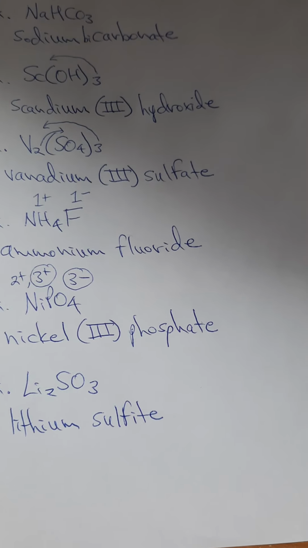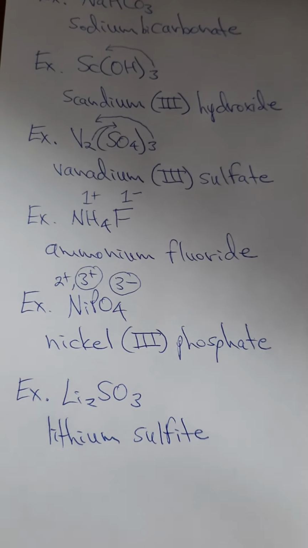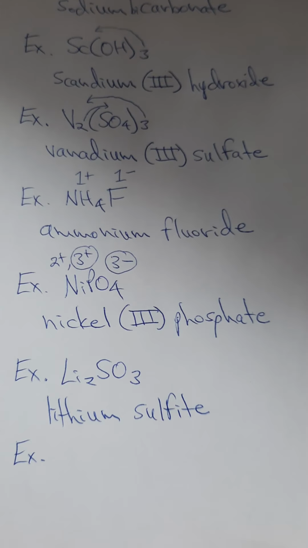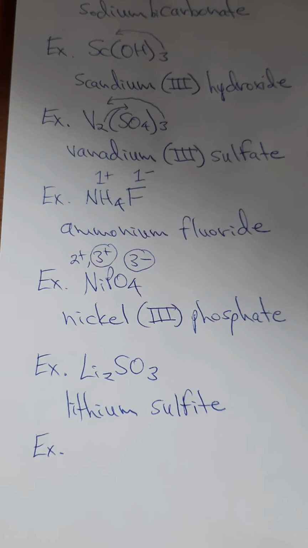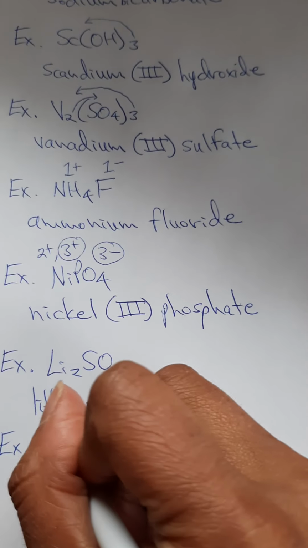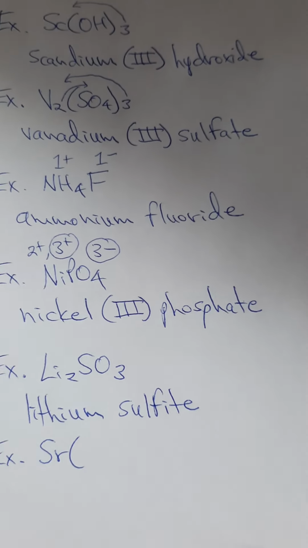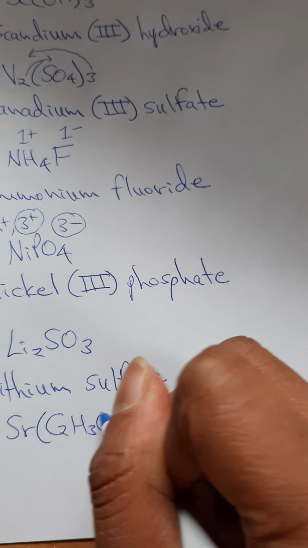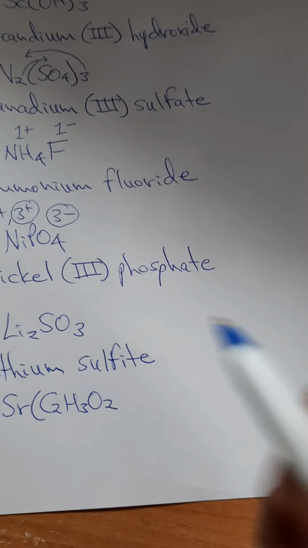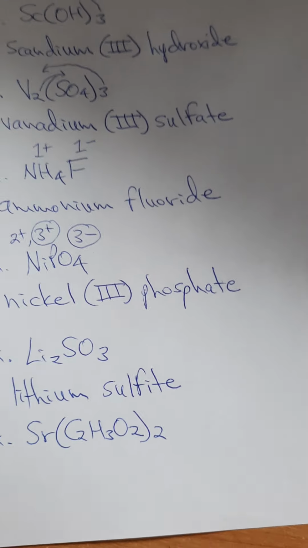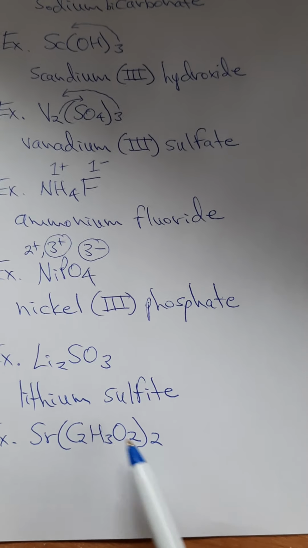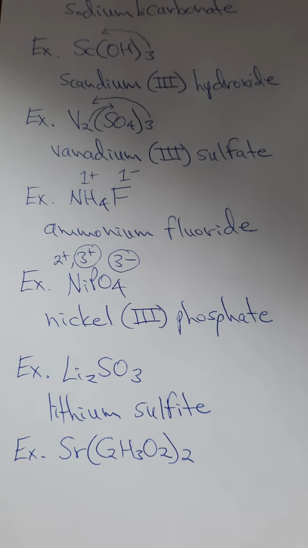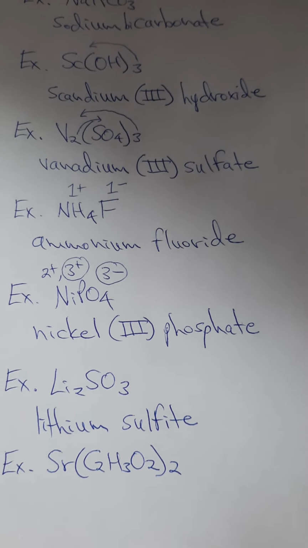Okay, so I'm going to write one more compound. This one might be used in the lab quite often because it is an acid. It's actually a weak acid. So I'm going to write it here. It's Sr(C2H3O2)2, in brackets, 2. So this is the compound here. C2H3O2 is known as acetate.